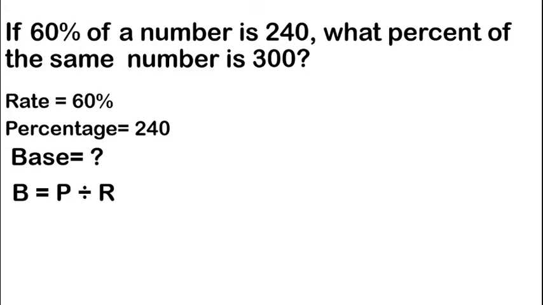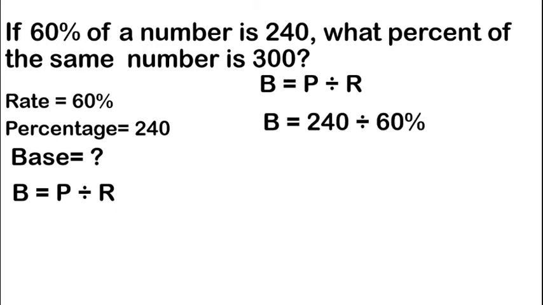So we need to find our base. We need to use the formula B is equal to P divided by R. So we have here the numerical substitution of B equals P divided by R, which is 240 divided by 60%. We cannot divide yet because 60 is still in the percent symbol, so we need to convert it into a fraction.